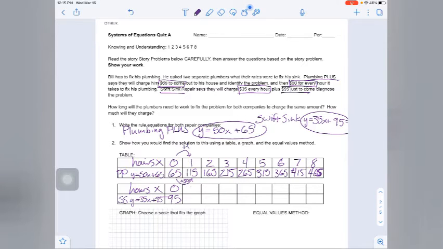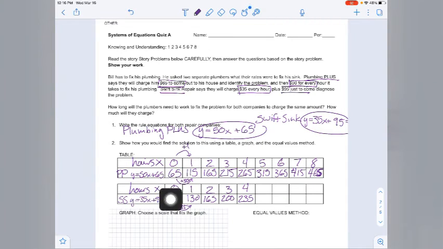So in 1 hour, their amount of money is only going up $35 each time. So this would be $130, and then in 2 hours it would be plus 35 more, which is $165, and then 3 hours is going to be $200, and 4 would be $235.